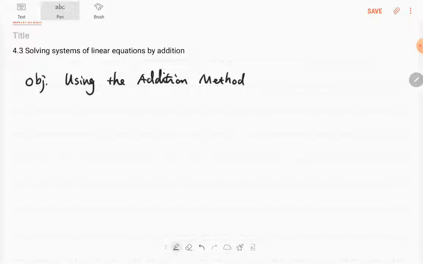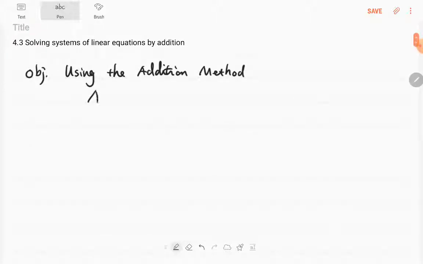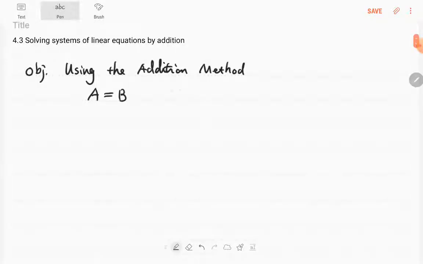So first, let's check why we could use the addition method, because this method is based on this property of equality. If we know A is equal to B, so we have this equation, right? Then we have another equation.